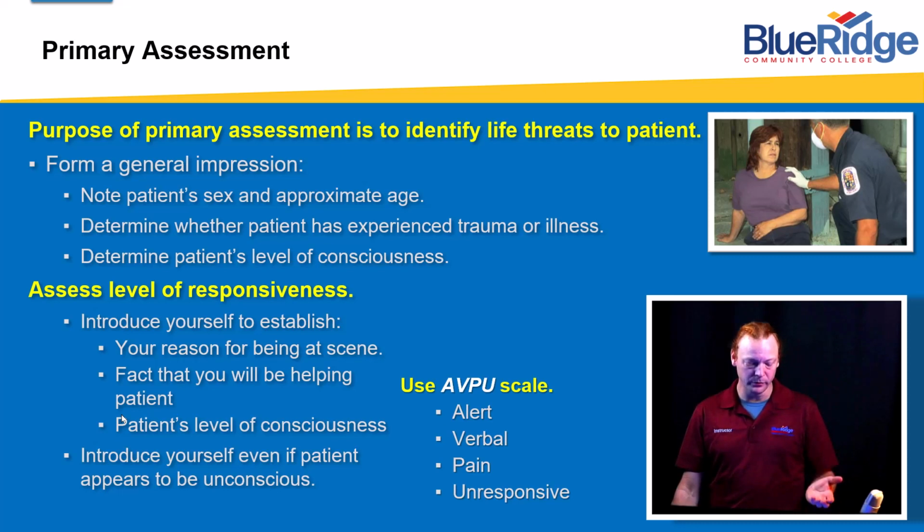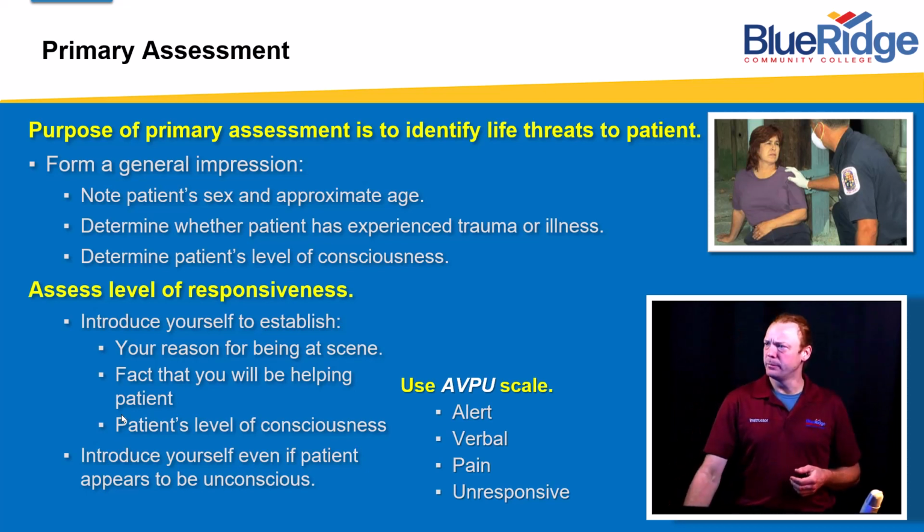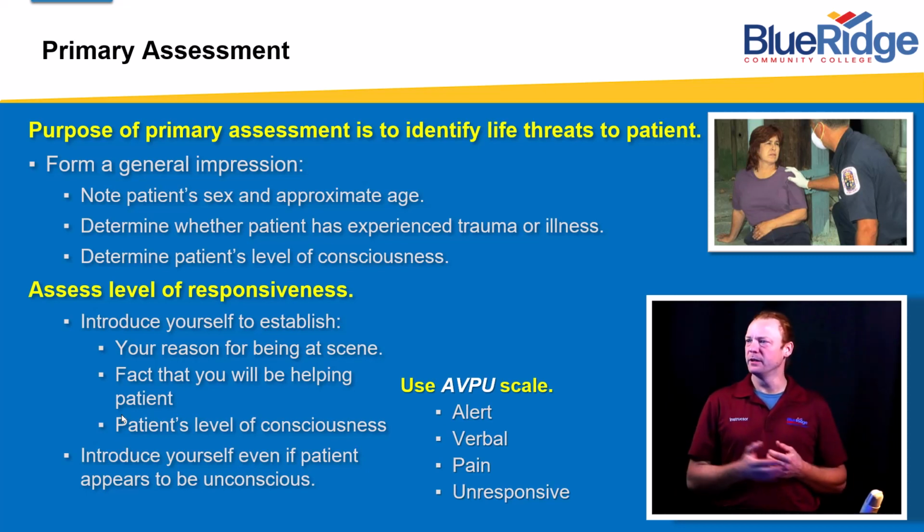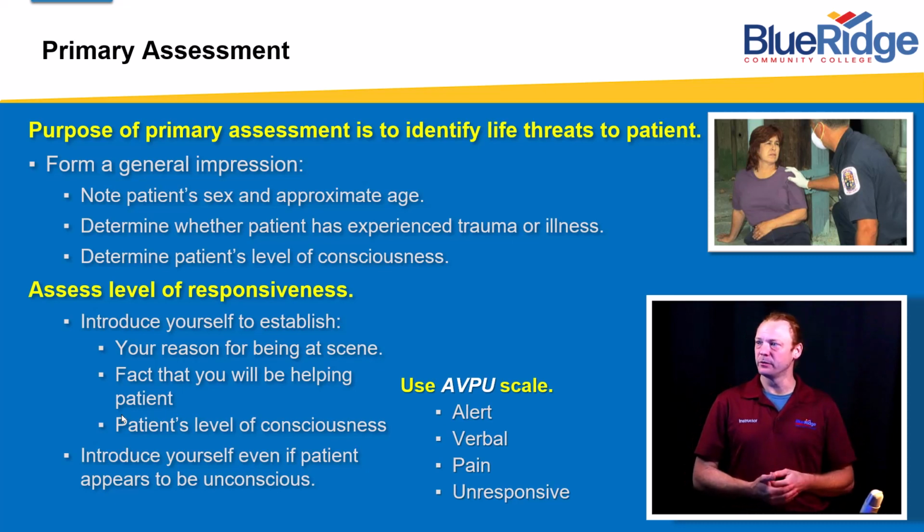Assessing our level of responsiveness, if they are unconscious, AVPU is a good scale. You'll see in the bottom of your screen here. It is a good scale to determine the level of unresponsiveness if they don't respond to you verbally. So we have A stands for alert. That's where I walk up to you and introduce myself and you respond to me.